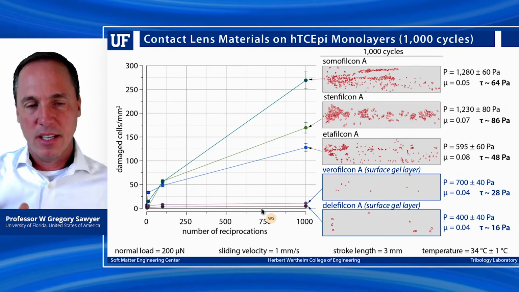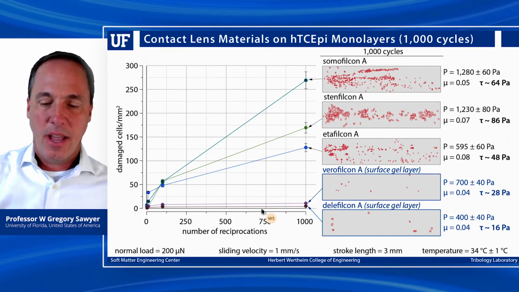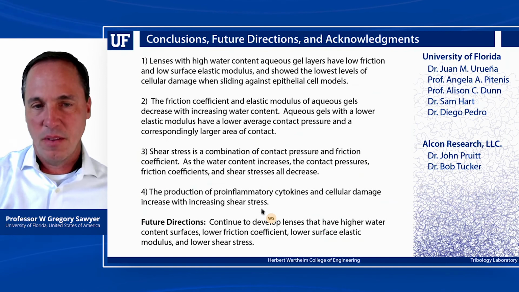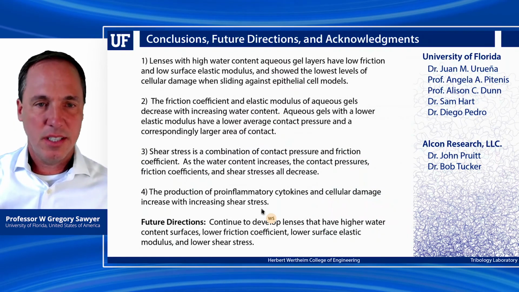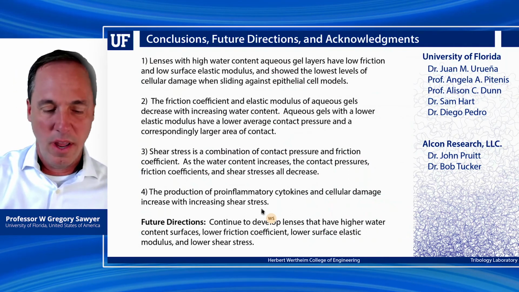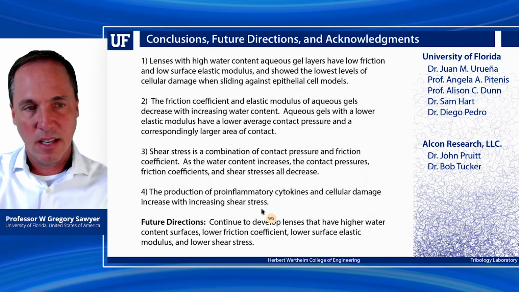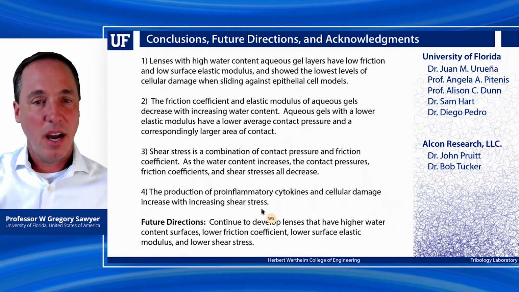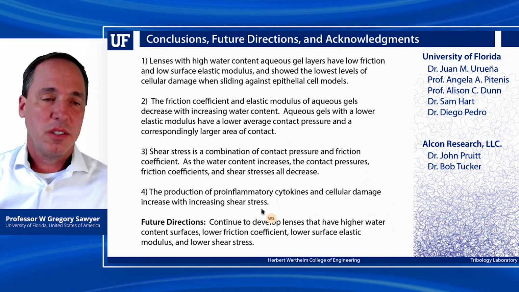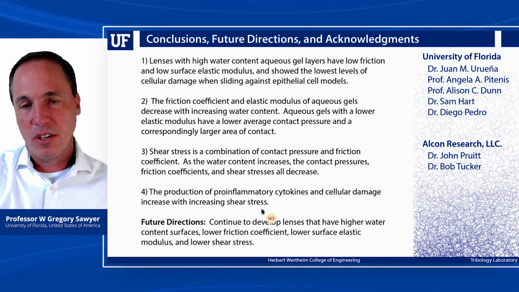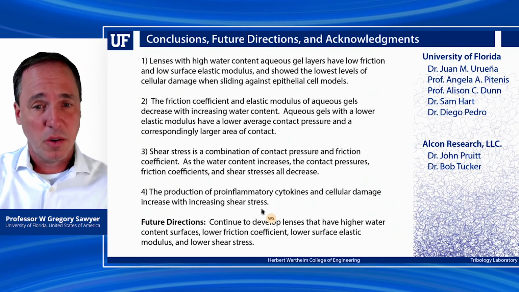So we think the mechanisms of this are really associated with the following things: that the shear stress drives all of the physiologic processes that are associated with the pro-inflammatory cytokine production as well as cell damage. And that lenses with the higher water content reduce the friction, reduce the modulus, and show the lowest levels of this. Both friction coefficient and the elastic modulus decrease with increasing water content.